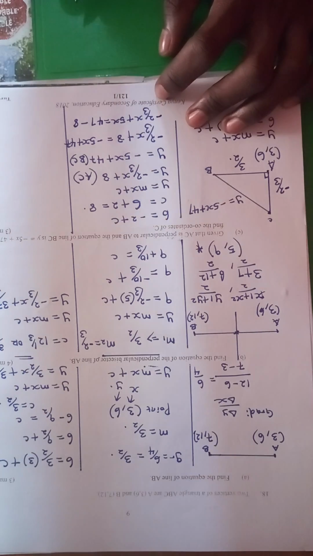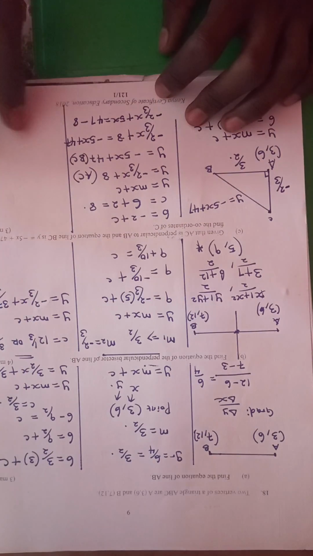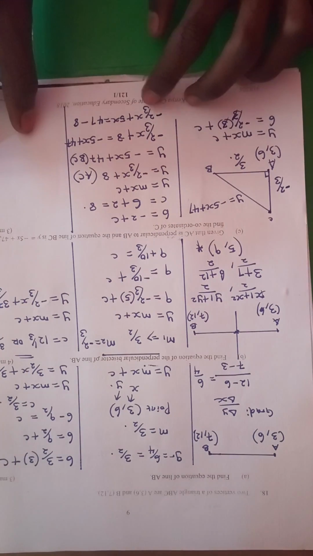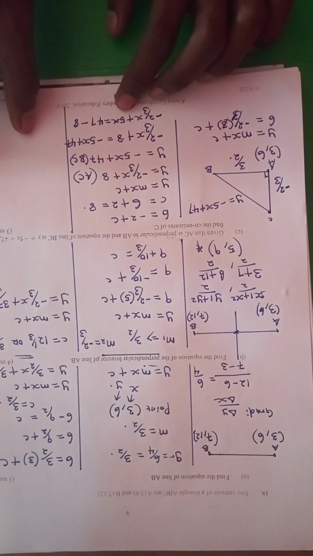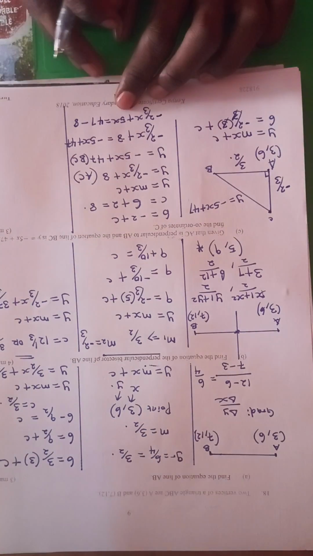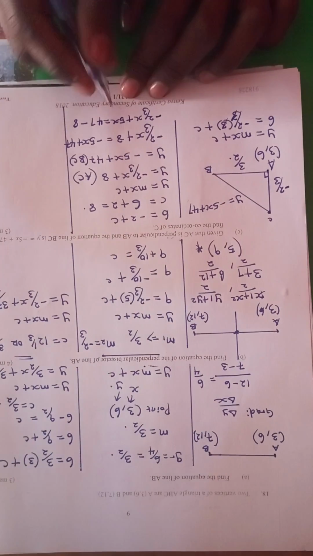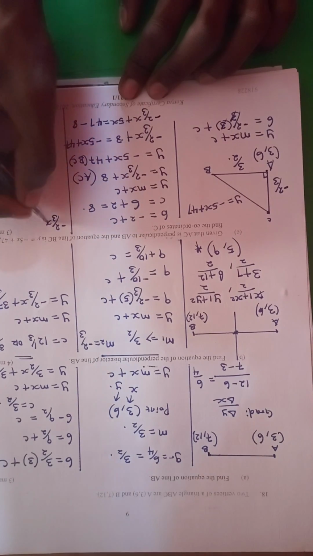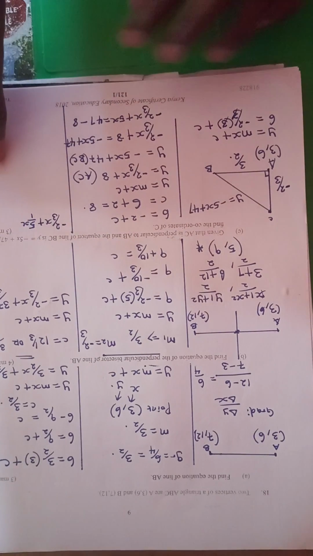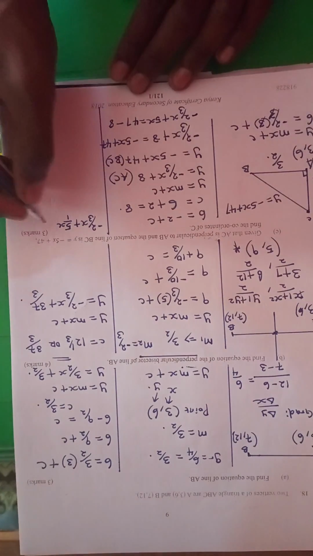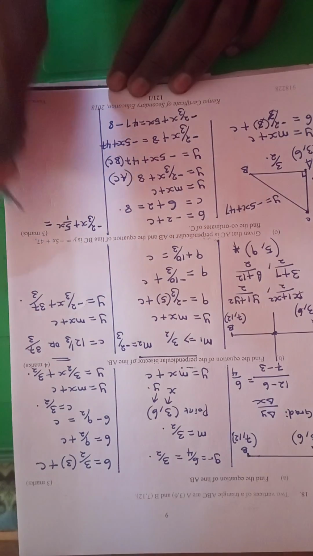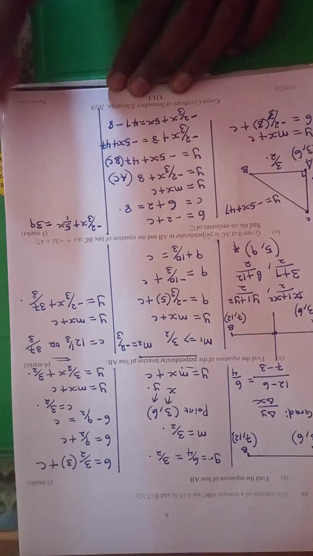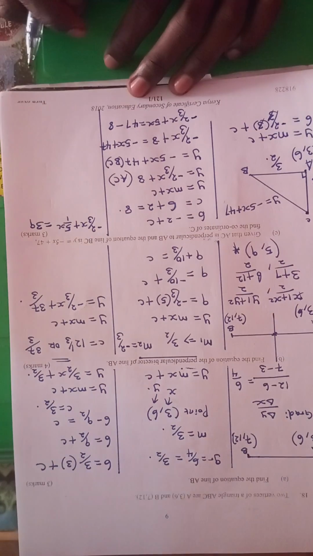So at this point, we are going to have negative 2 over 3 x plus 5x, and we look for the LCM here. This is 5 over 1 x. It is equal to, if we take 47 minus 8, 39.